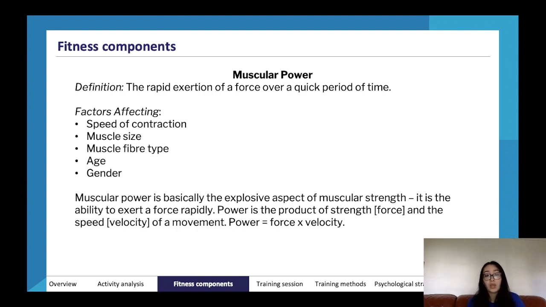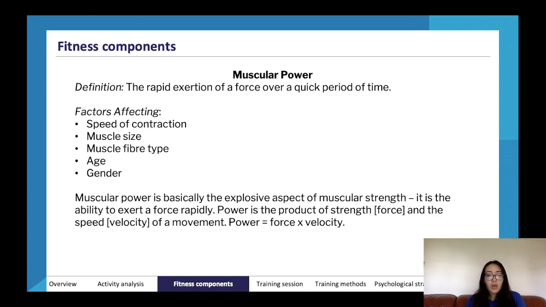Age: around 25, 28, 30 is typically the age at which you have an increase in ability to exert a greater muscular power. And gender: once again, males who may have a larger muscle mass may have a larger muscular power force.